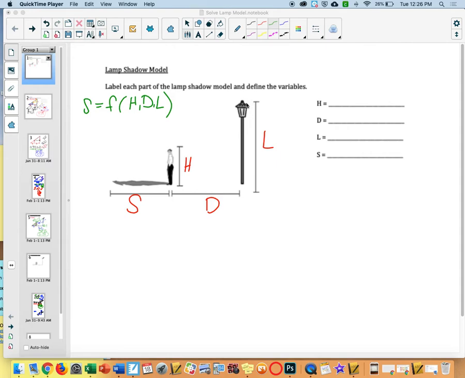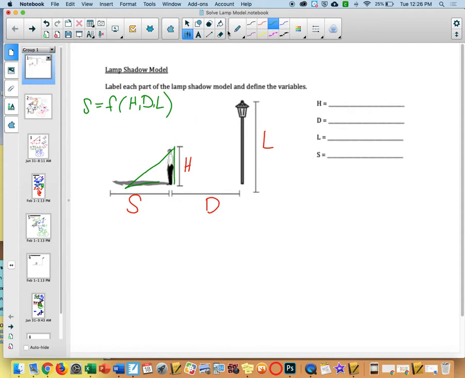would you agree that we have some overlapping triangles happening here? So now with our pencils, let's draw those in. So we have this person here forming a right triangle with the ground and the shadow.